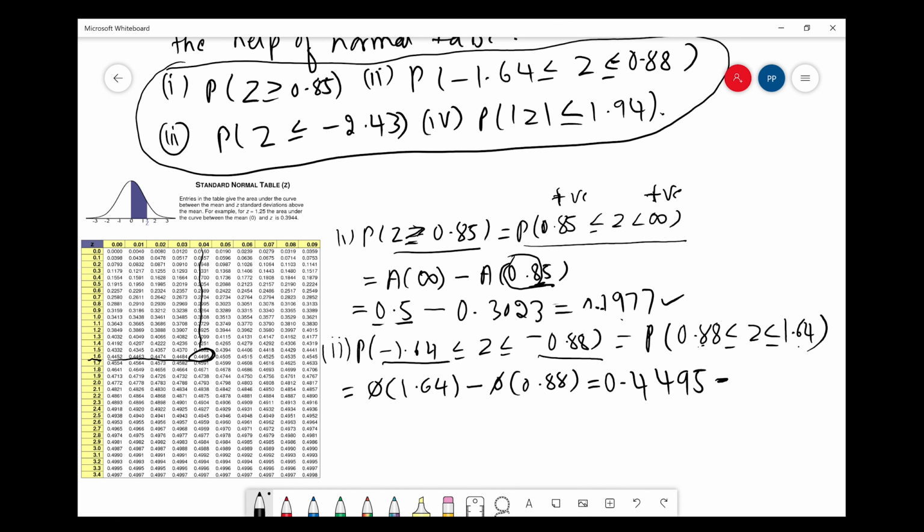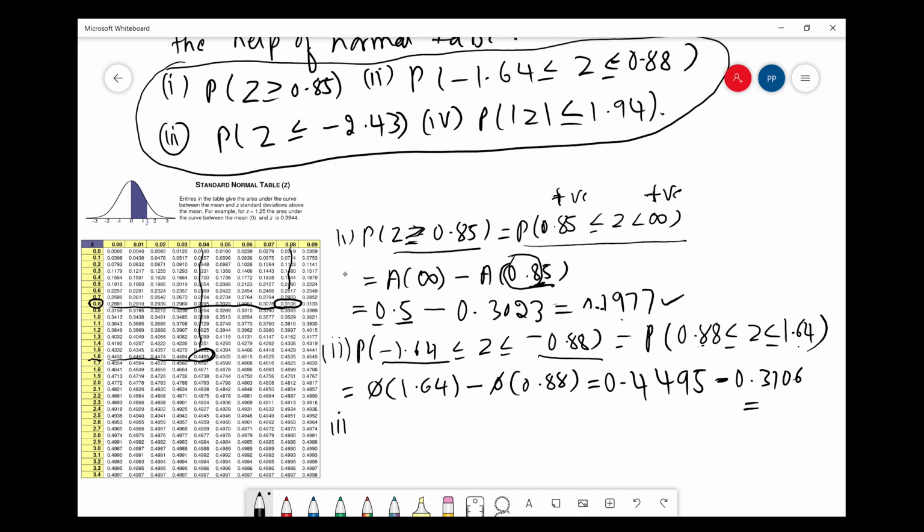Minus phi of 0.88: 0.8 here and 0.08 here. Just move in like this. So I think it is 0.3106. You simplify that, take the difference, and you get it.